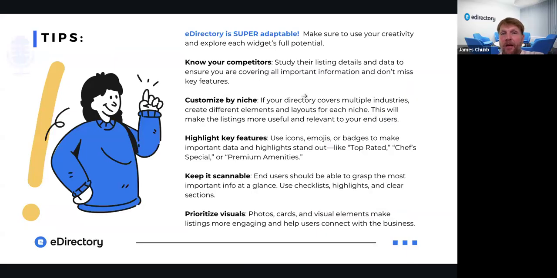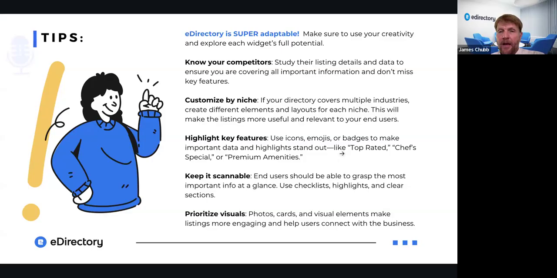And the tips, eDirectory is super adaptable. Know your competitors, understand what their listings are, see other sites out there, make sure that your data is more complete than theirs, and that gives you the advantage. You want to customize it as much as you can by the directory niche. If it covers multiple industries, create different elements and layouts for those different templates and those different niche industries there.